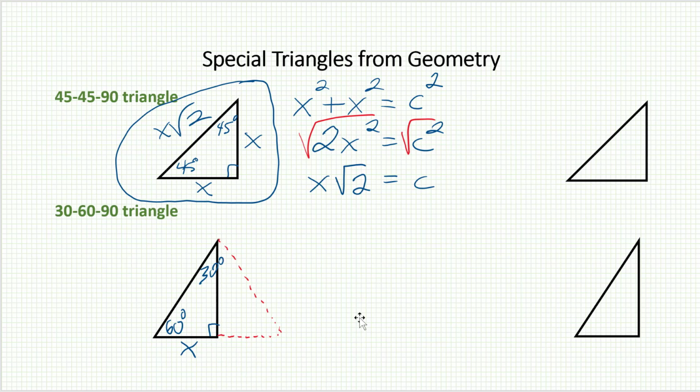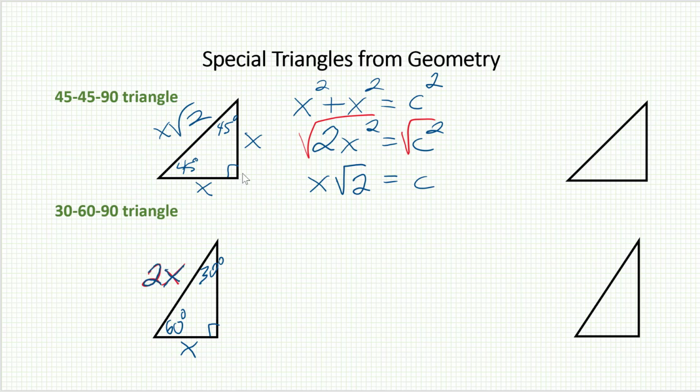So if this is x, then this must be double x, in other words 2x, and that means this is 2x and this is 2x because of the equilateral triangle. So the longest side is twice as much as the shortest side in the 30-60-90 triangle.